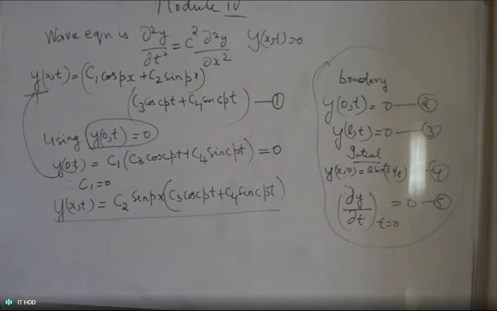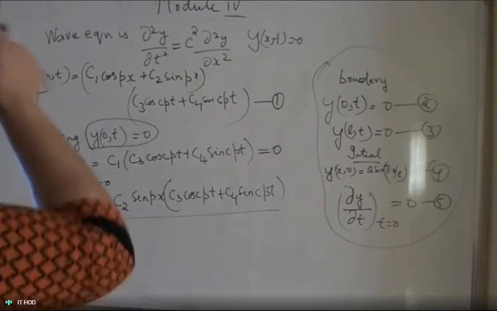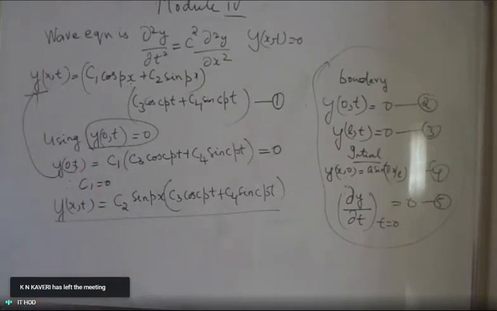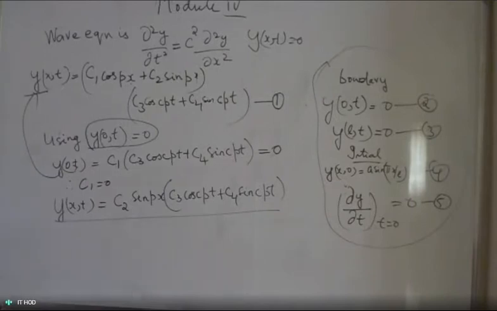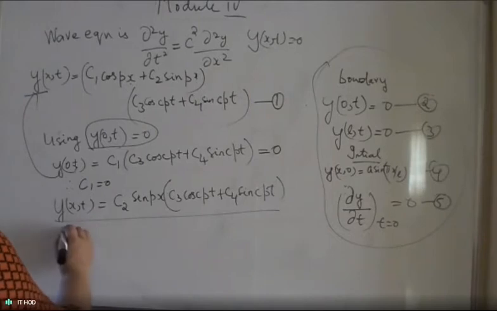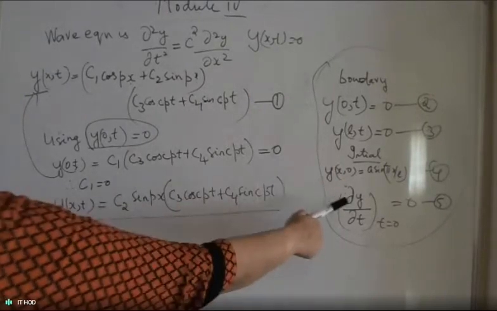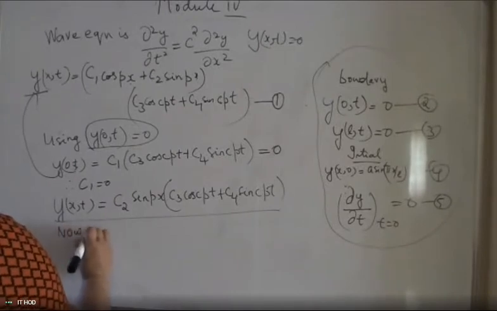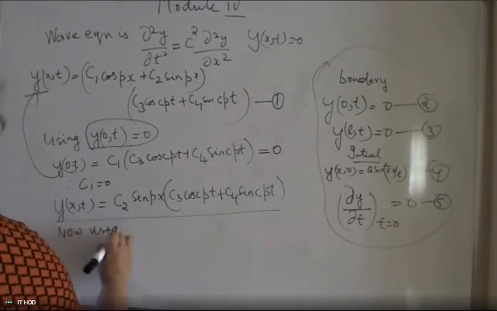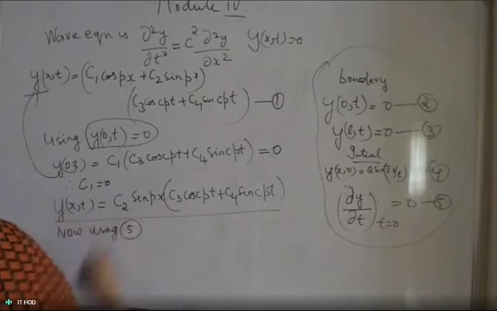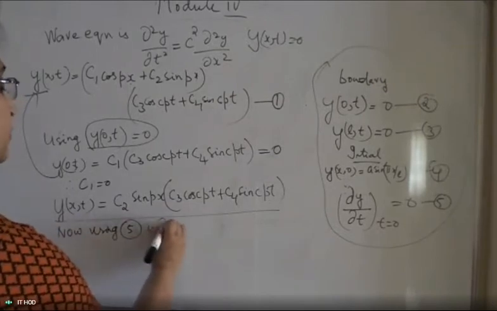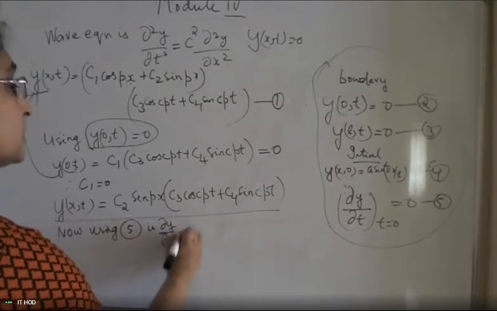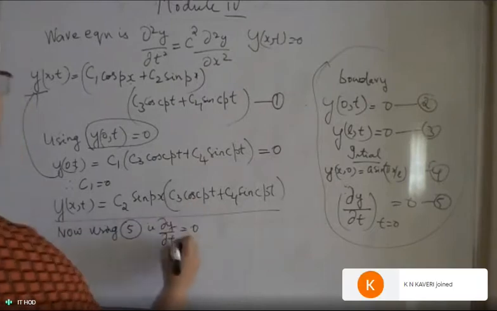Now we are going to use the next condition. Here we are using the velocity, ∂y/∂t is equal to 0 at t equal to 0.